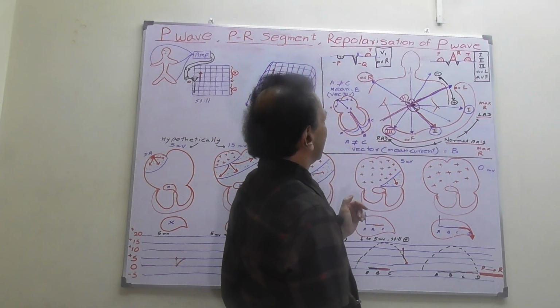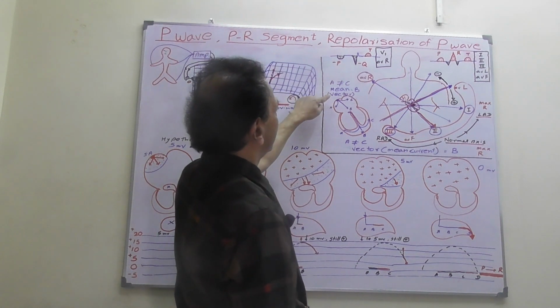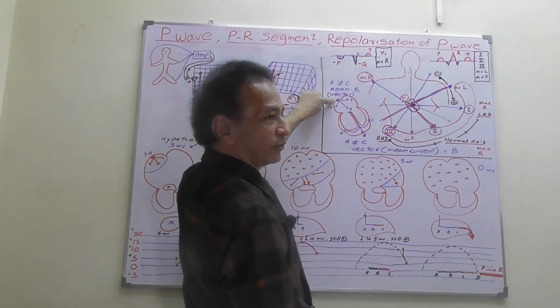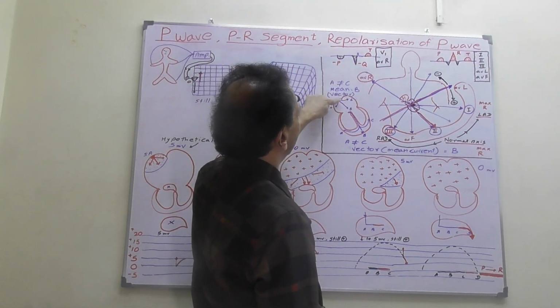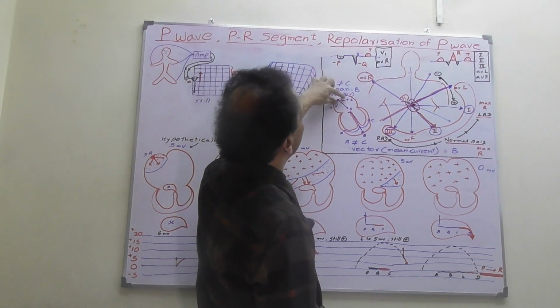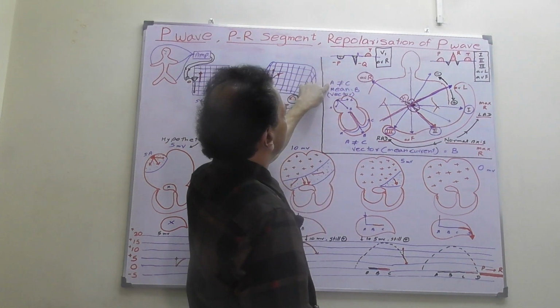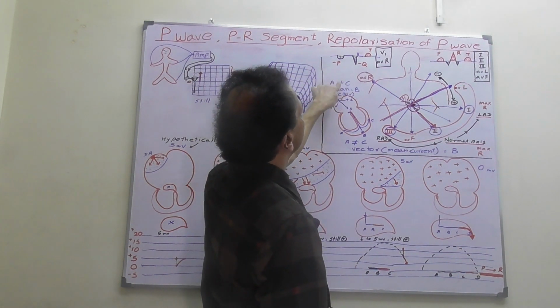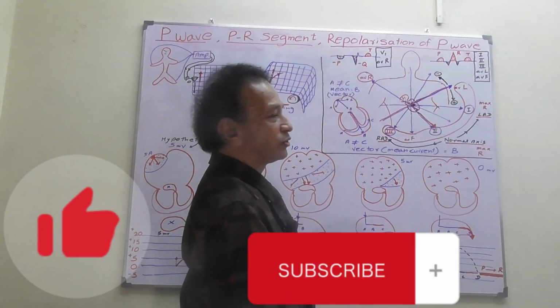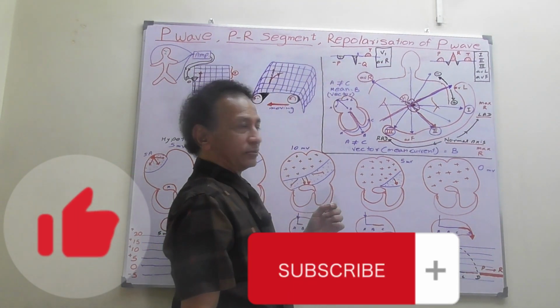Now if you analyze the current, it starts from the SA node and it travels everywhere, this side, that side and this side, directly downwards. These currents go in opposite directions. The A current and the C current are opposed to each other, so they will become 0.